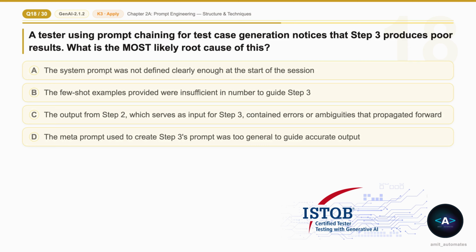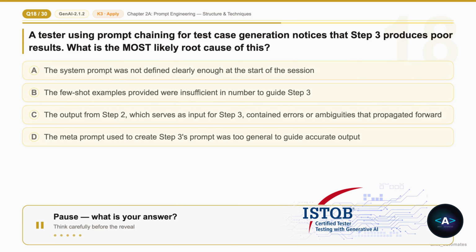B. The few-shot examples provided were insufficient in number to guide step 3. C. The output from step 2, which serves as input for step 3, contained errors or ambiguities that propagated forward. D. The meta-prompt used to create step 3's prompt was too general to guide accurate output. Take a moment. What is your answer?